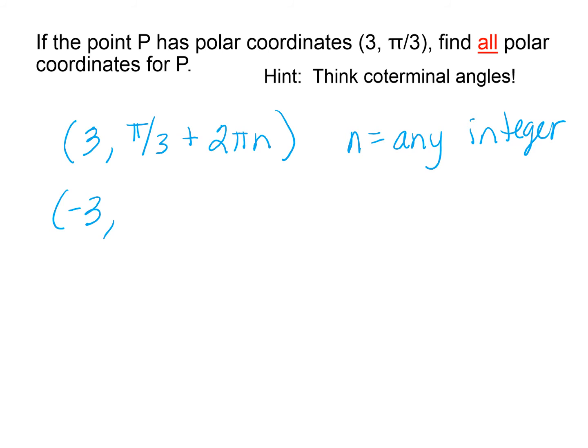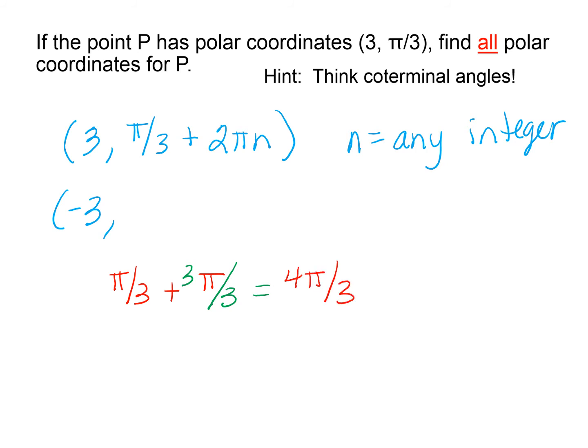So to find that angle that we are going to put in place, we're going to take pi over 3, and we're going to add pi to it. Remember, to add pi, we need to do a common denominator. So pi over 3 plus, technically we're adding 3 pi over 3 would give us the angle 4 pi over 3.